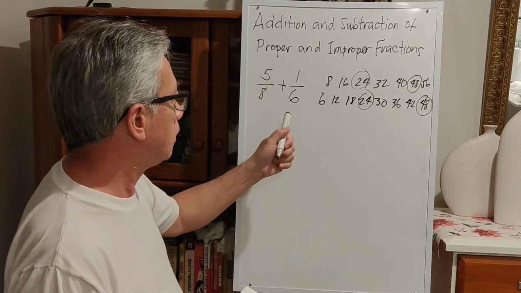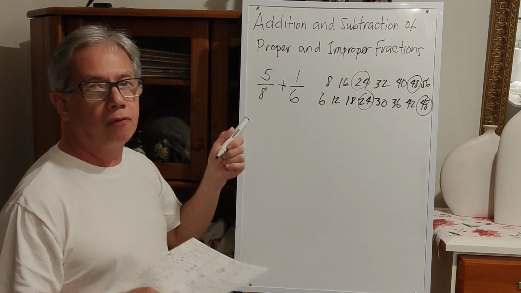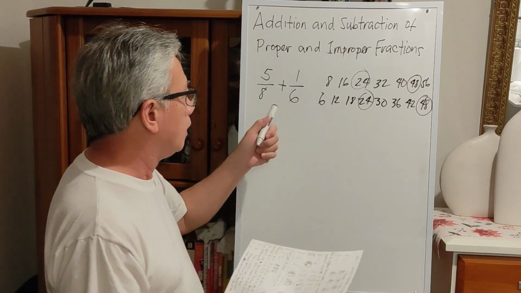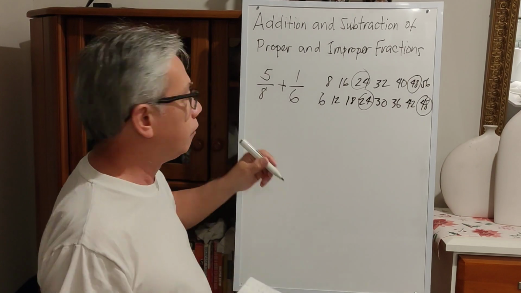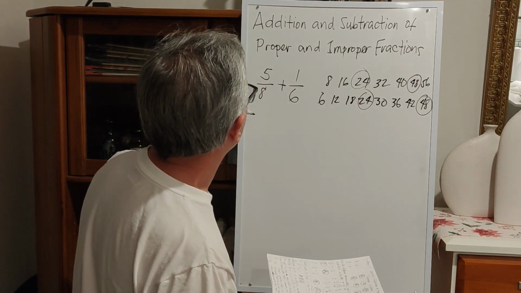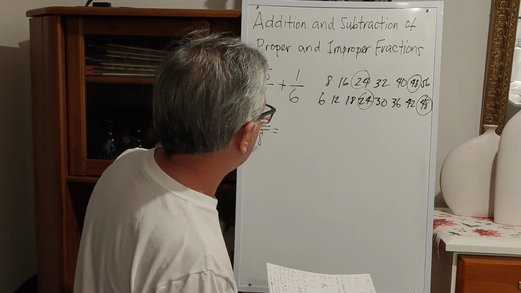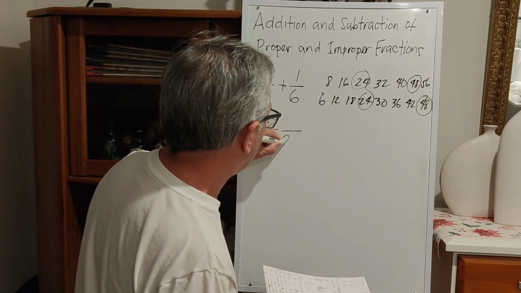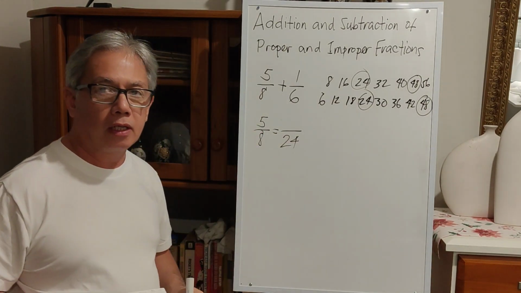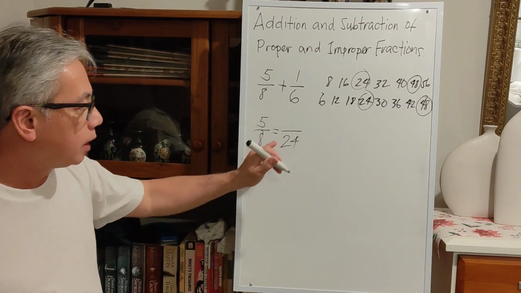So they will have equivalent fractions if they have the denominator 24. This 5/8, we want it to have an equivalent fraction with 24 in the denominator. So how do we get the numerator?